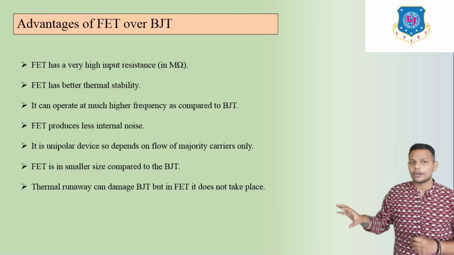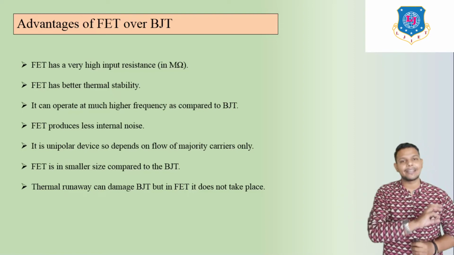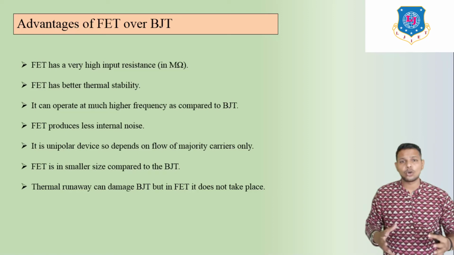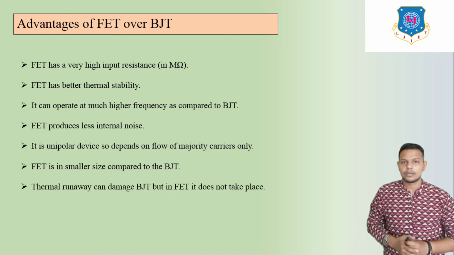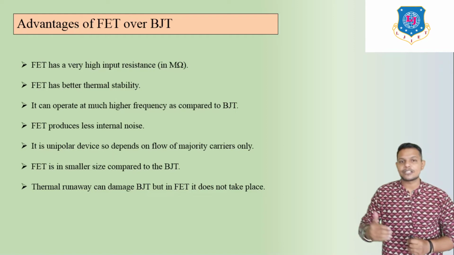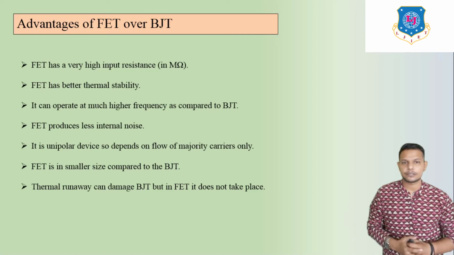It is a unipolar device, so it depends on the flow of majority carriers only. There is no combination of holes and electrons, only majority carrier charges flow, and that's why it is known as unipolar junction transistor.